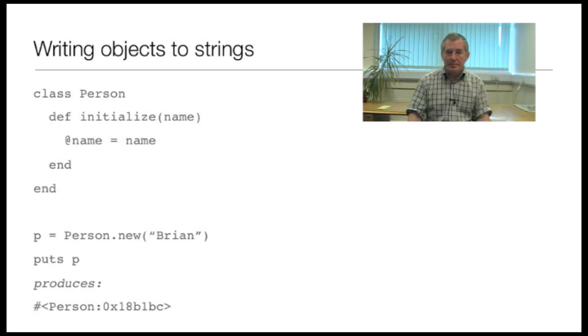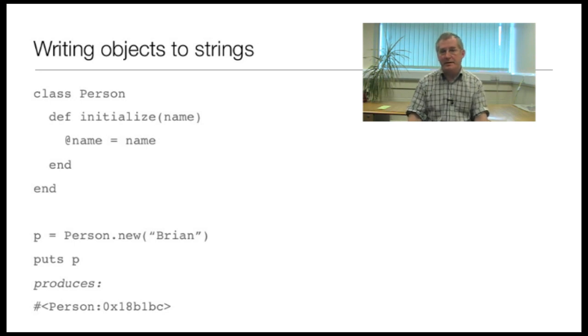That's why we used printf a little while ago. Puts uses the toString method, the to_s method. In this particular case, we haven't overridden it. We're going to use the version of it that's inherited down from object, and as I said just now, that prints out the internal representation of the object preceded by the class of that object.